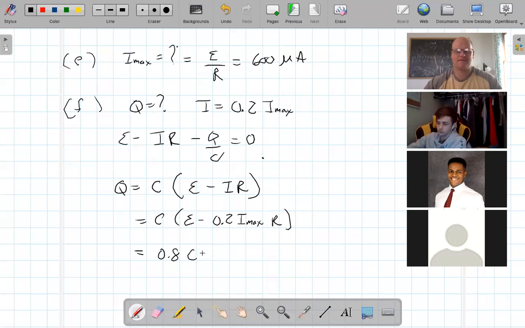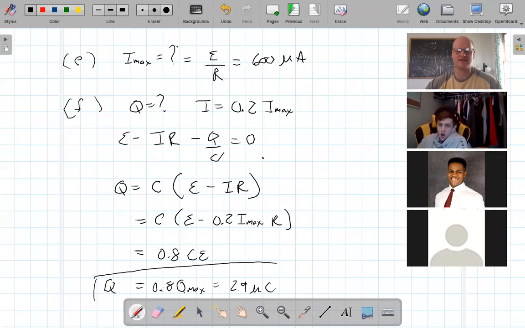Good. There we go. So this is just at 80% of its maximum charge, so it's 80% of Qmax, which works out to be 2.9 microcoulombs. So this is the charge when it's at 20% of maximum current.